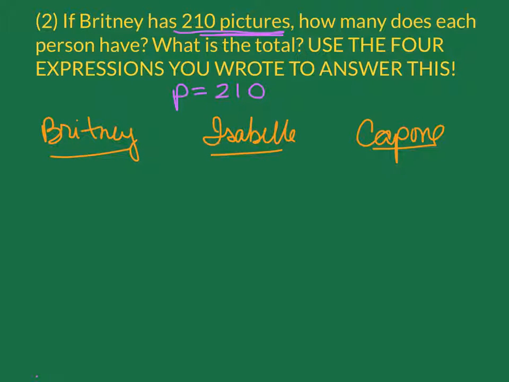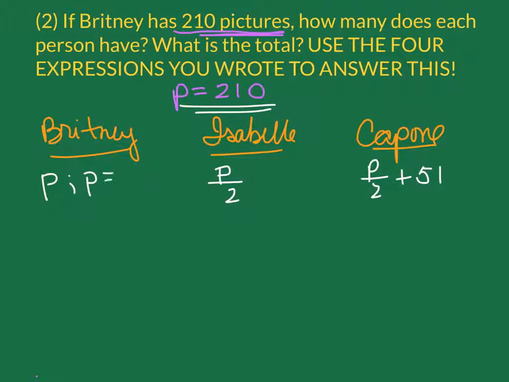So the expressions for each person, Brittany had P, Isabel P divided by 2, and Capone P divided by 2 plus 51. I've been told that P equals 210, so I'm going to separate that information with a semicolon. P equals 210. I'm going to attach that to each of these, so my work is very, very clear.